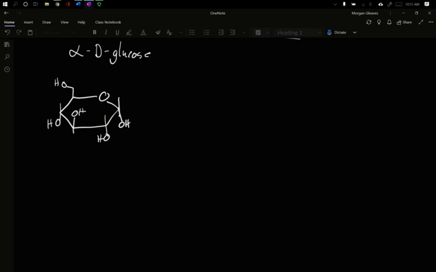What can happen is if I had a second alpha D-glucose, well, what I really have going on right here at the anomeric carbon, that is a hemiacetal.